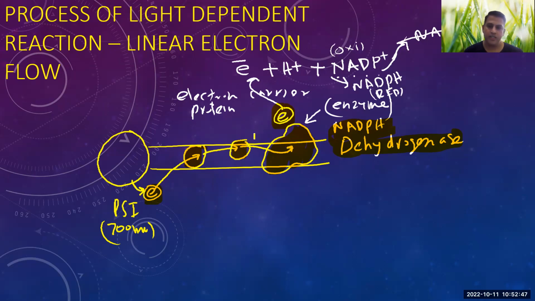Okay, what happened to the energy? Now the energy is captured by this molecule. Because these electrons have the energy, it doesn't get lost. This energy is moving to NADPH. NADPH is an energy rich molecule.